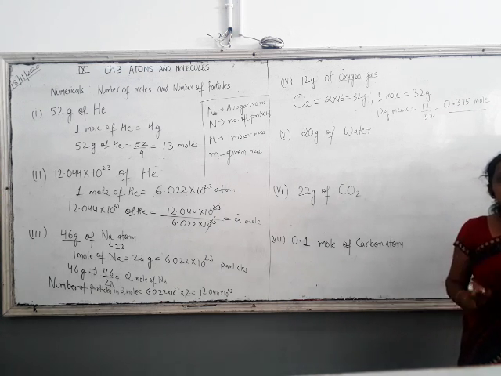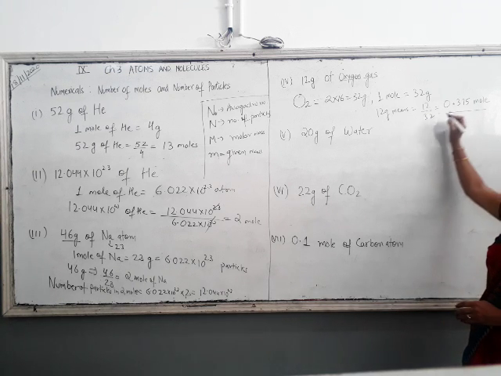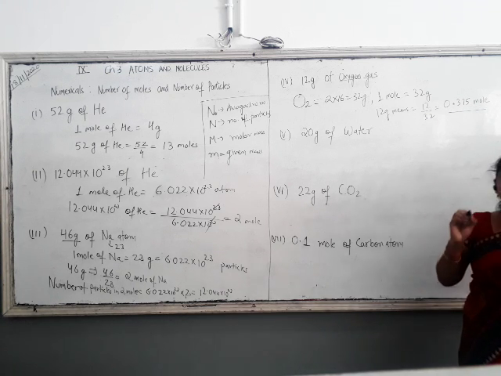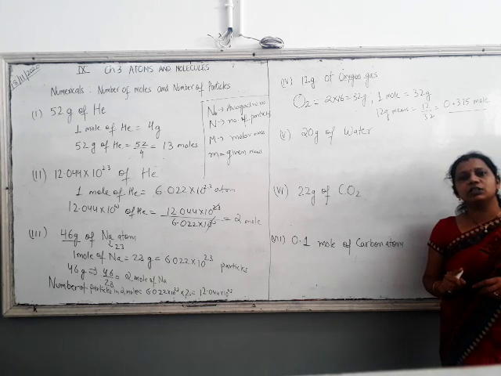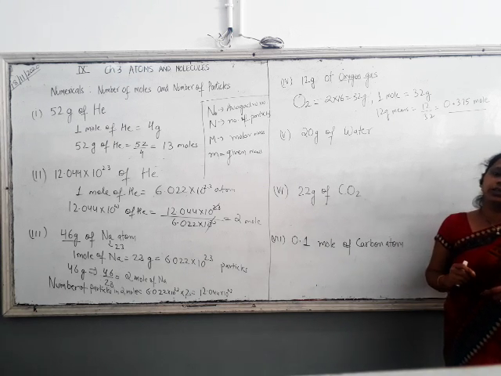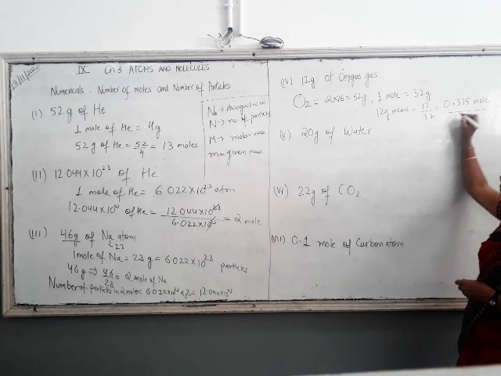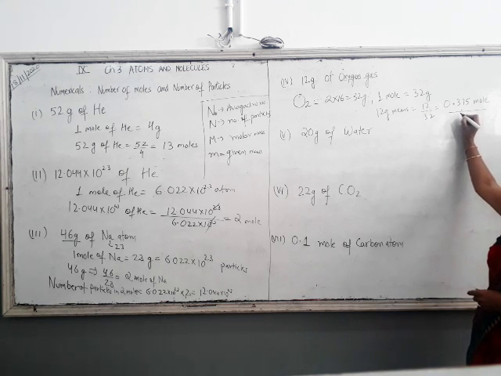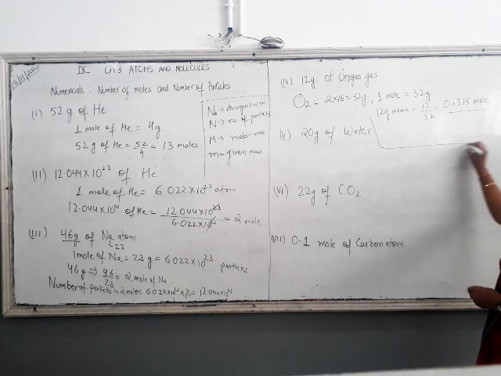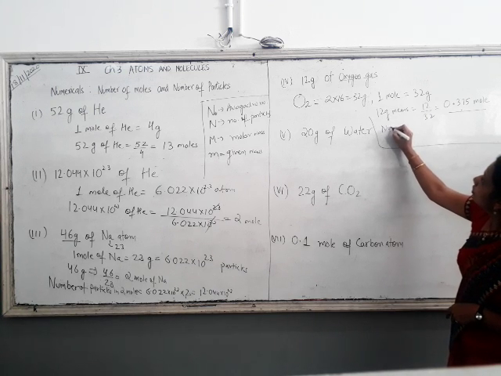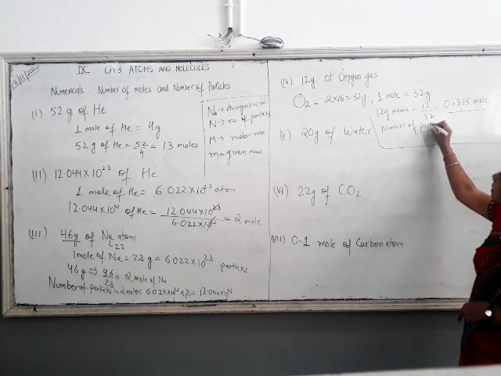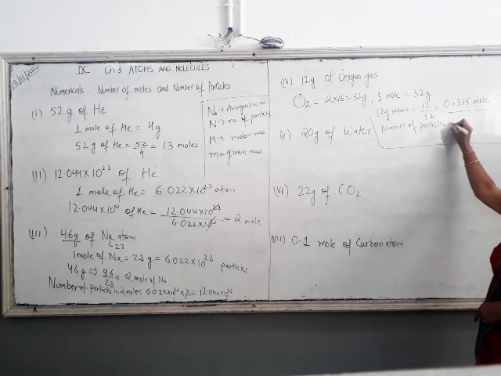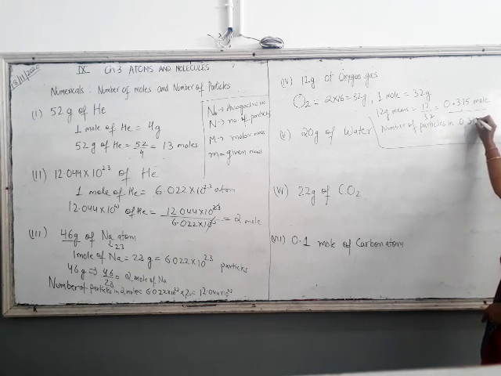And same now, if you have to find number of particles in 0.375 mole gas, then you know in 1 mole of oxygen gas you have 6.022 into 10 power of 23 particles. To find number of particles in this, you have to simply multiply by Avogadro number. So, number of particles in 0.375 mole.